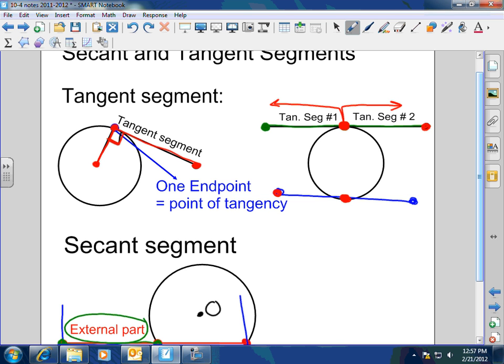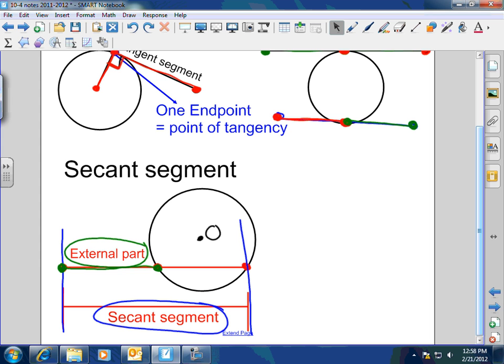So this would be one tangent, and this would be a second tangent. You cannot have them together as one tangent. Does that make sense?